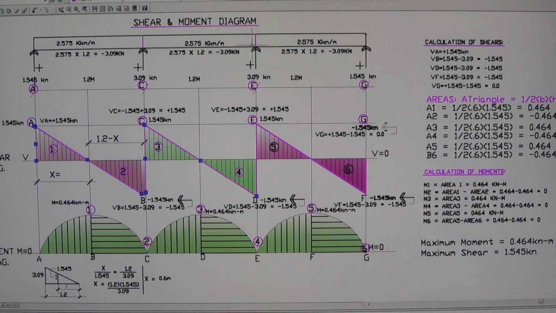Now since this is a vertical force right here, the reaction, we're not going to do inclined line, we're going to do the vertical line. So from D, alright, so you locate that along the vertical line, the value of 1.545, and it's positive, therefore it's above the shear line.